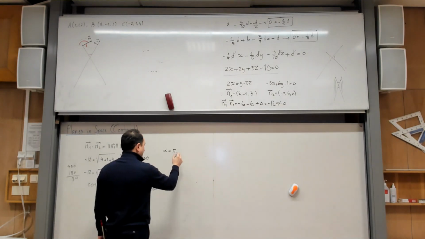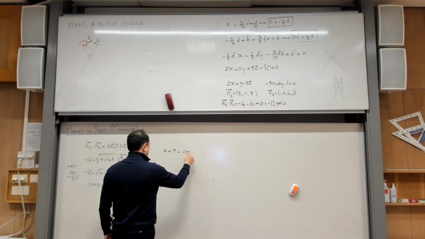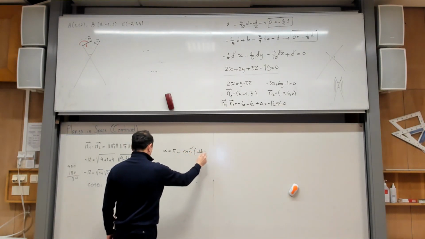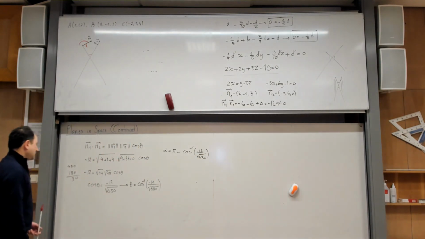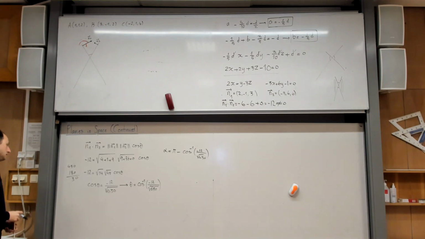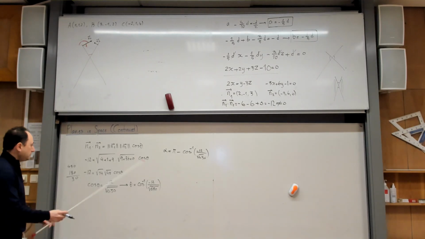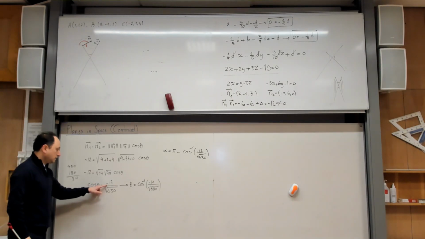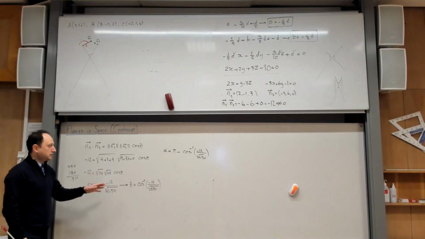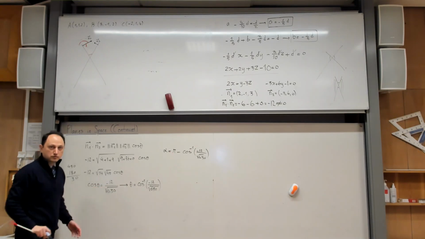Yes? So this is the crucial point. If it were positive, that's the acceptable answer. If now that is negative, you have to remember that you have to write this pi.